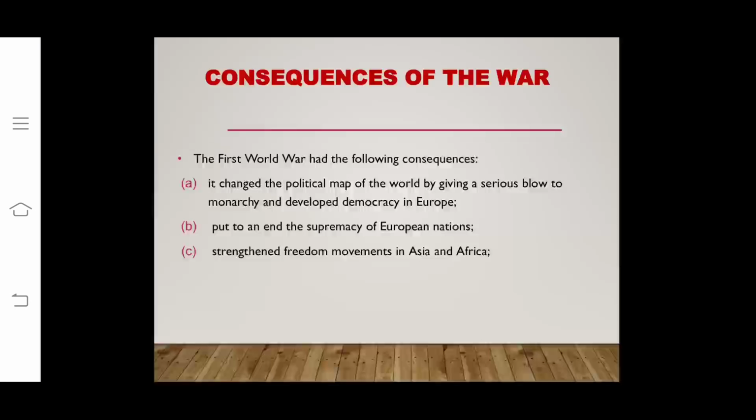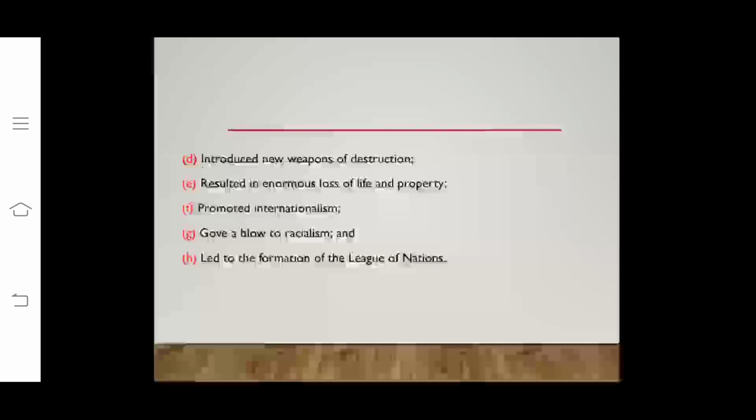End of European supremacy. The period after the war was the beginning of the end of European supremacy in the world. Economically and militarily, the United States surpassed Europe to emerge as a world power. Strengthening of freedom movements. The period after the war saw the strengthening of the freedom movements in Asia as well as in Africa. This also gave rise to one organization which was responsible for maintaining peace in the world.